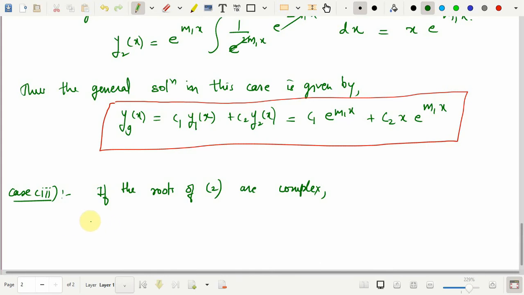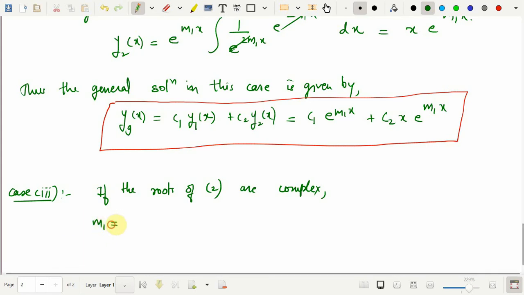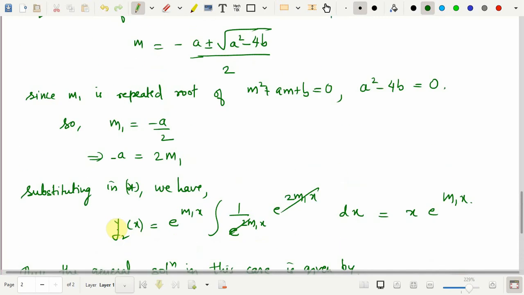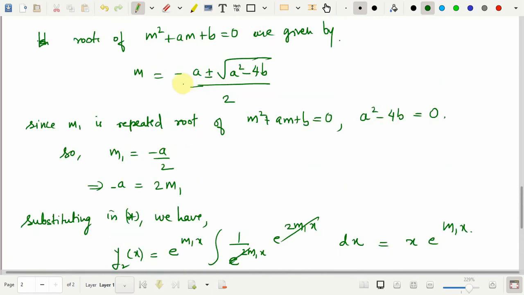Say m1 is equal to, okay, now how do we obtain the roots using this formula?